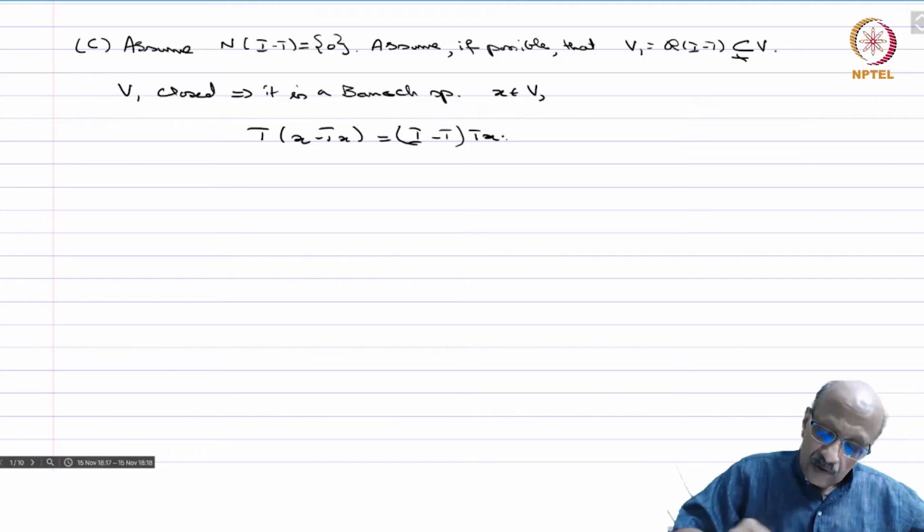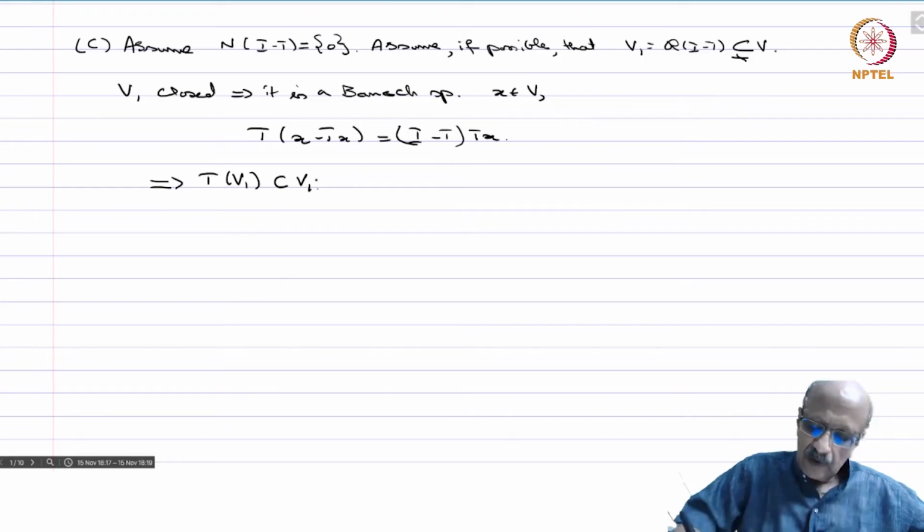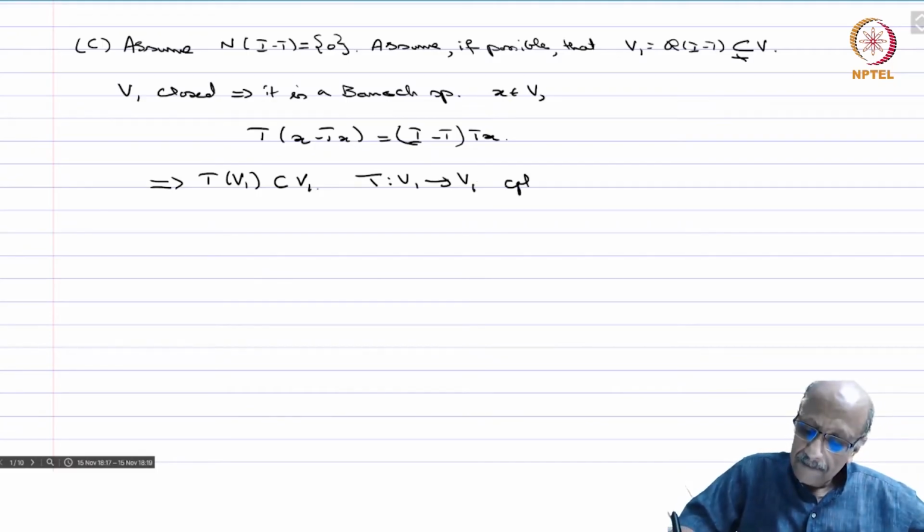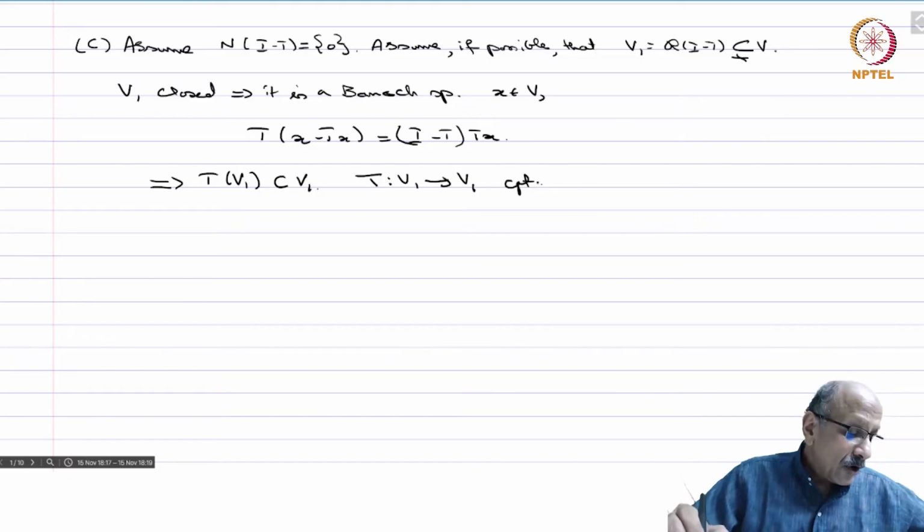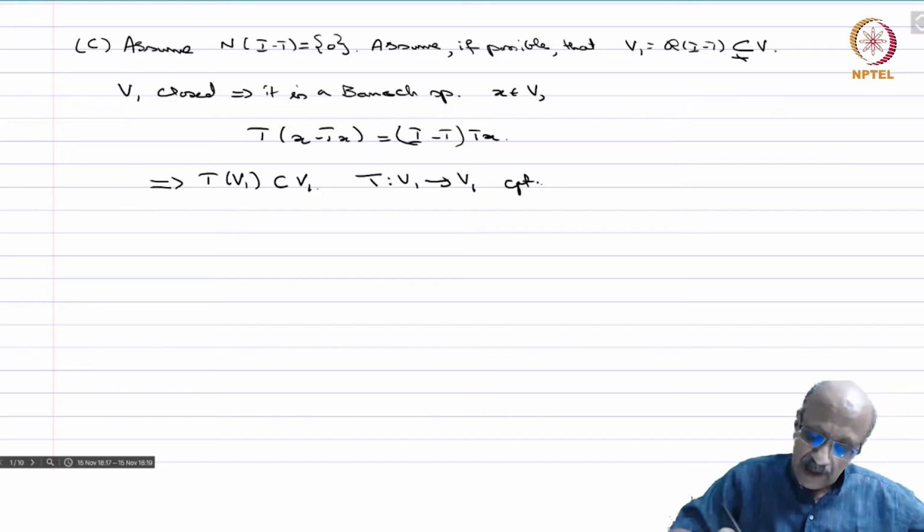So T of something in V1 is again in V1, because this is again in the image of I minus T. So this implies that T of V1 is contained in V1. Therefore T maps V1 into V1, and it's a Banach space, and T is compact. Therefore I minus T also has closed range.